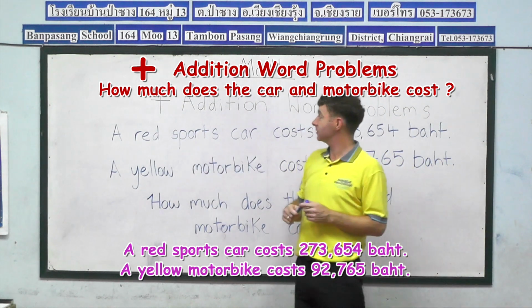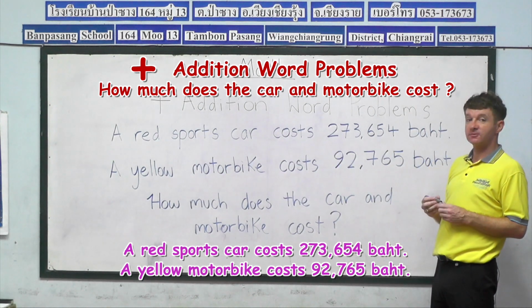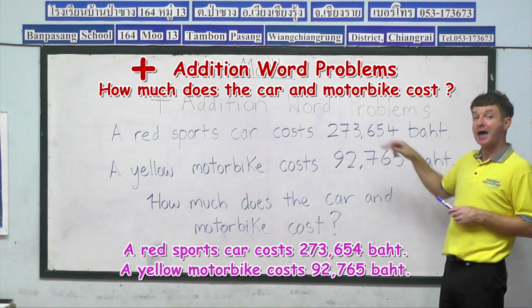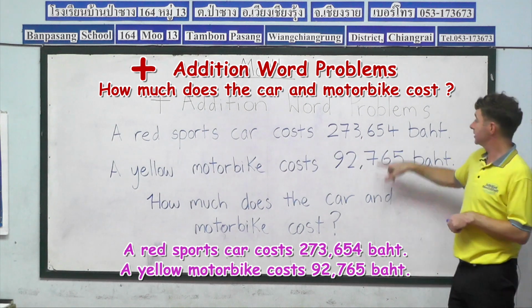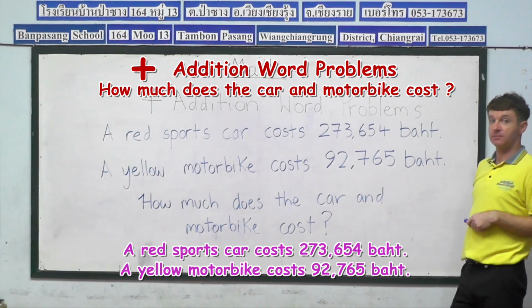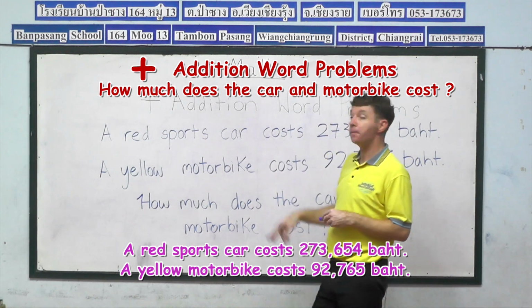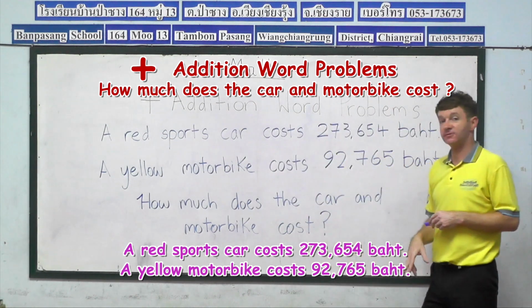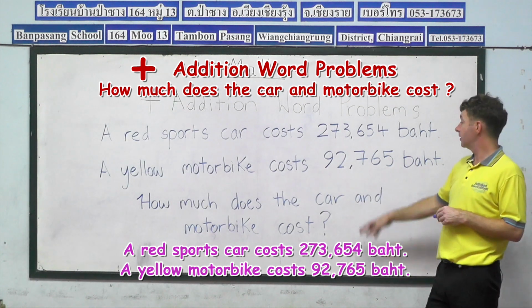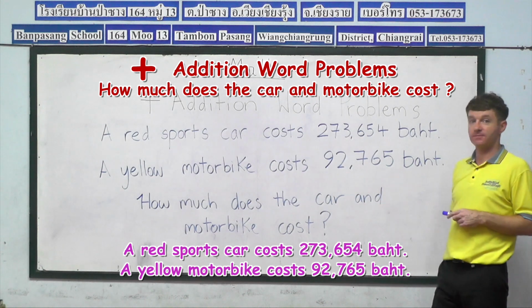A red sports car costs 273,654 baht. A yellow motorbike costs 92,765 baht.